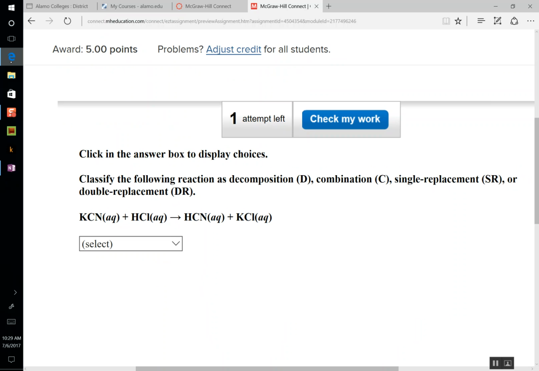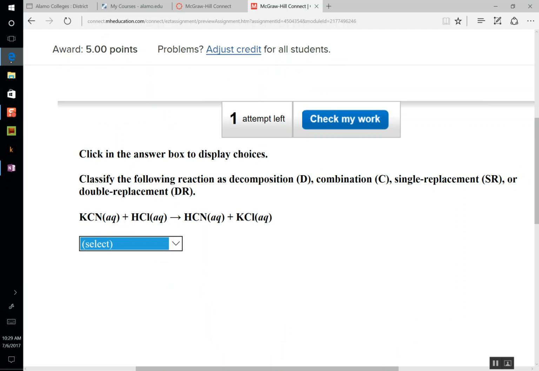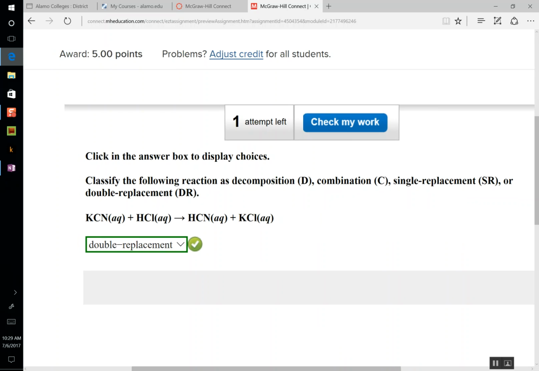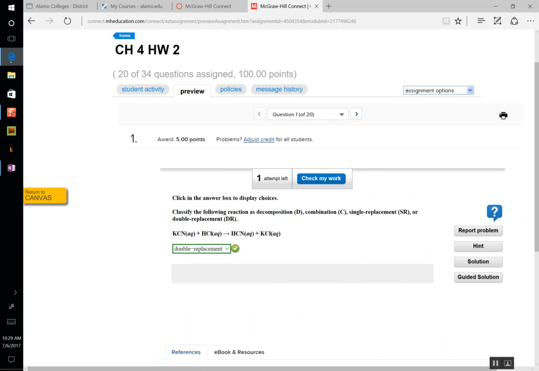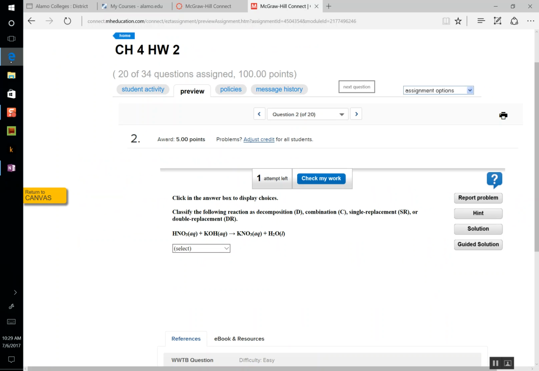So I got an acid right here, but double replacement. Let's try that. Check my work. Correct. All right, let me just go down through and see if I can find that one. It's probably like 4 or 5.